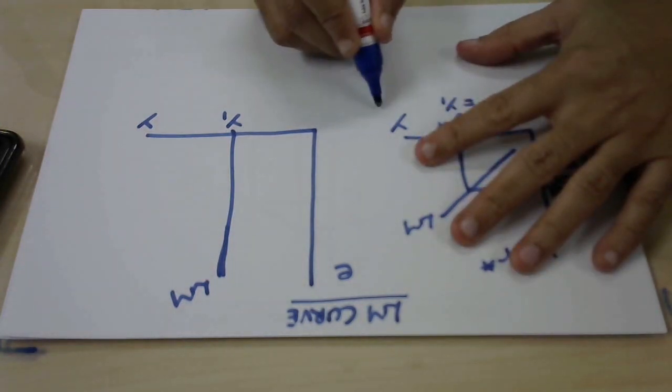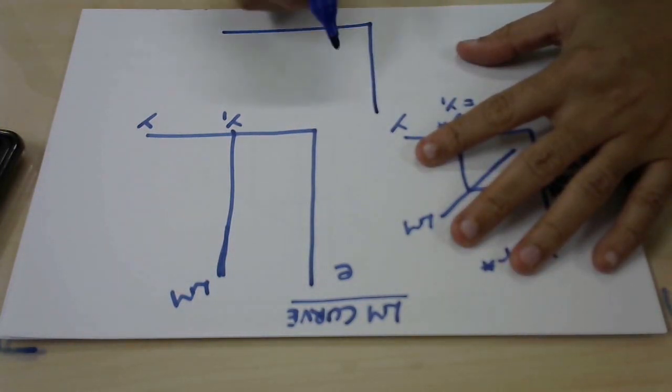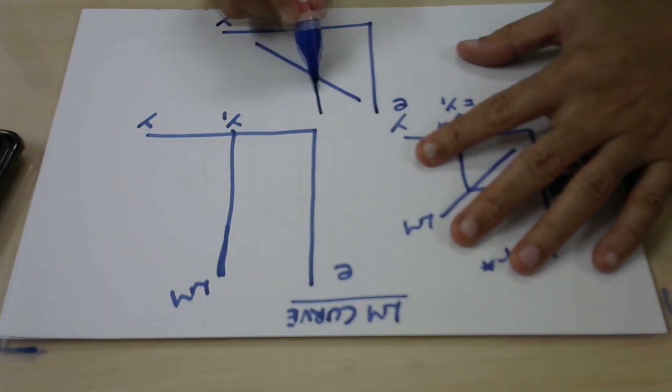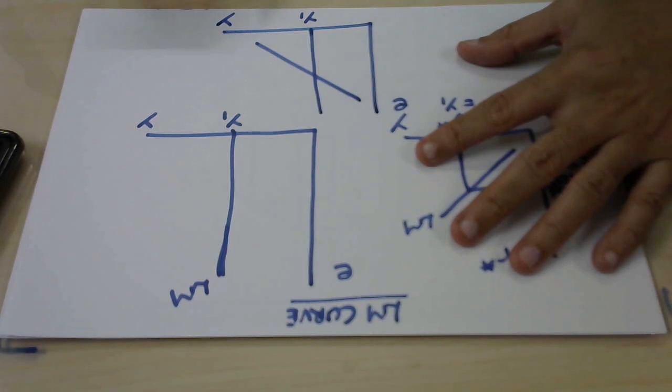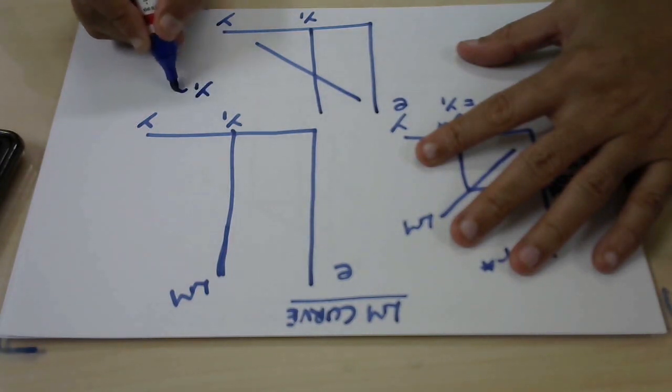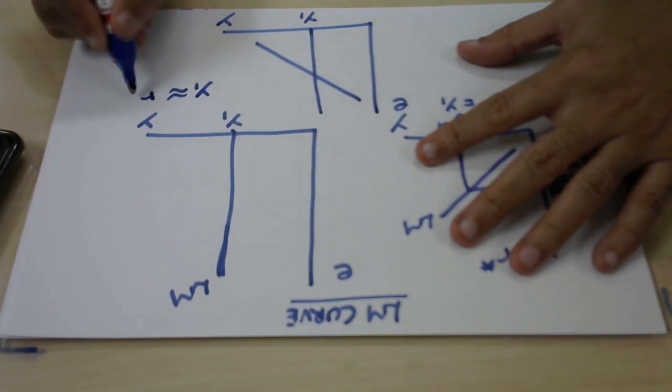Now, given my IS curve, which was downward sloping, and we are now plotting the relationship between exchange rate and GDP, and the LM curve is vertical at say Y1 level of GDP, and Y1 is corresponding to a world interest rate of say R1.